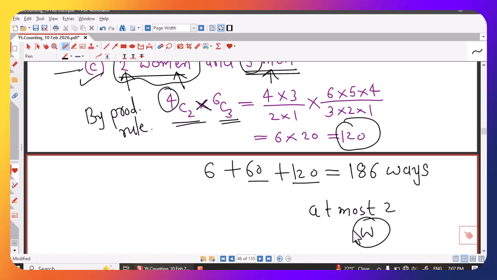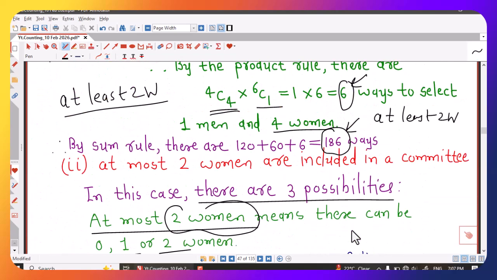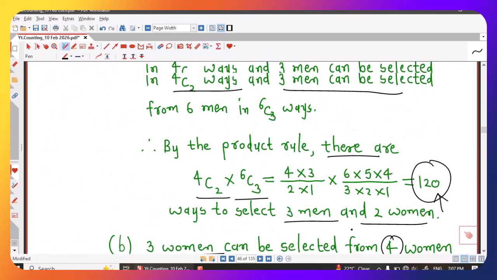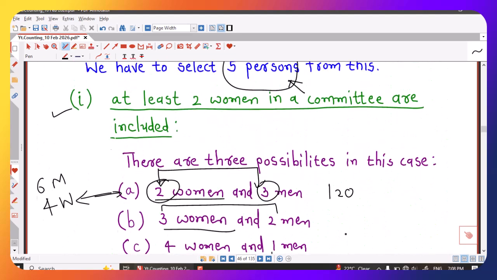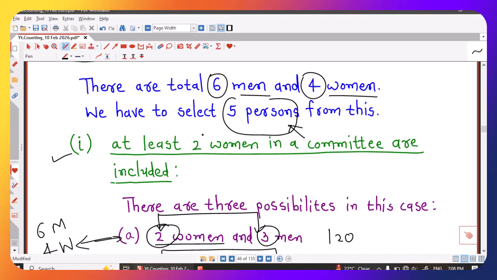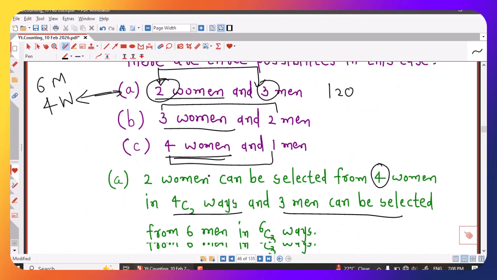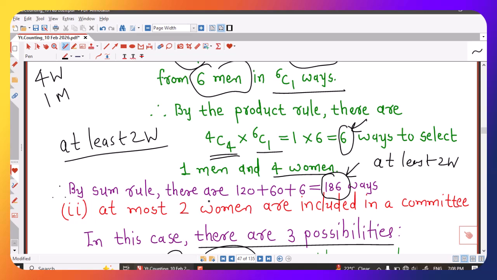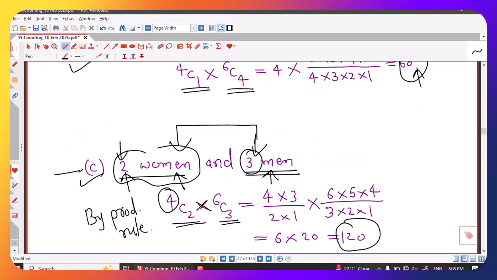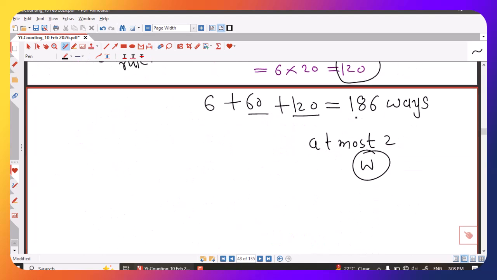So you can see here we are getting the same answer for both the parts. In part A we have at least 2 women in a committee, and the number of ways of selecting at least 2 women is 186, and in the second part also we are getting 186, but this is just a coincidence.